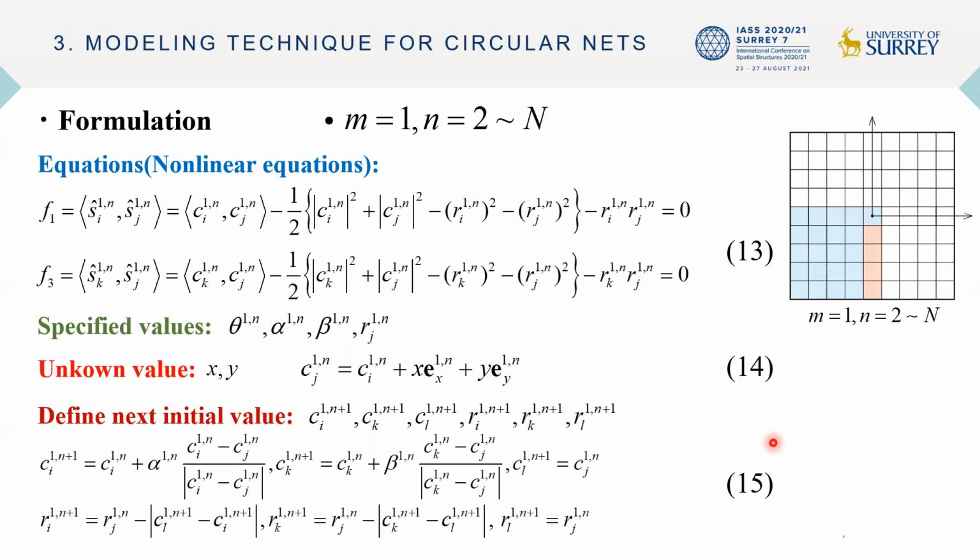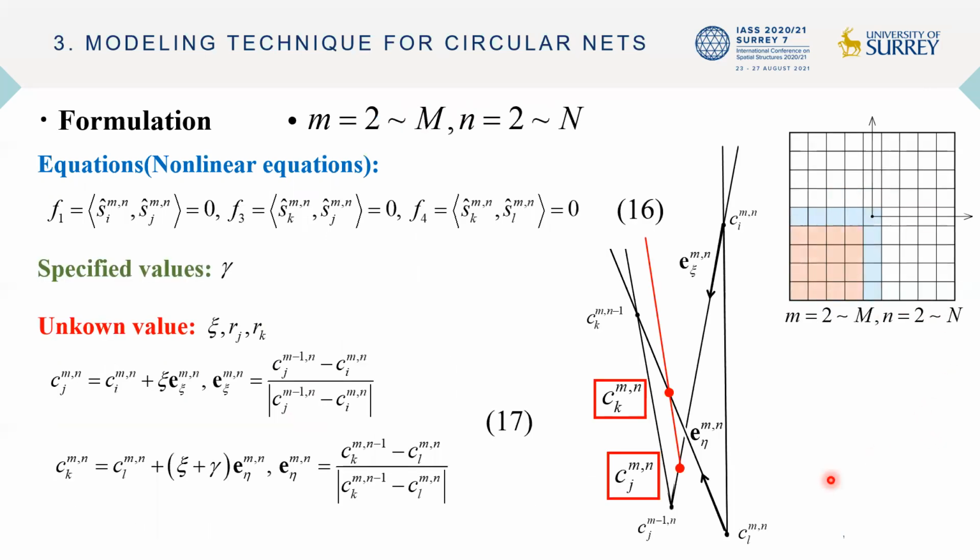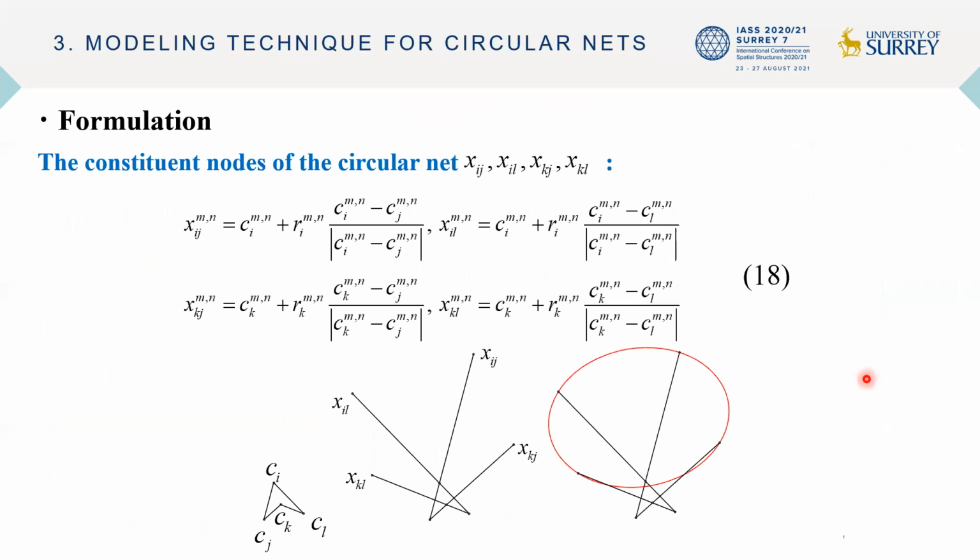Similarly, the formulation of this region can be derived as shown on this slide. This region is different from the previous regions, but we can take three unknown values to solve three equations.